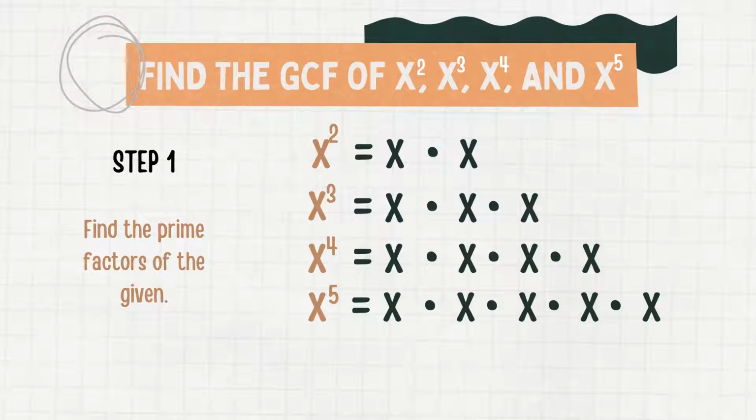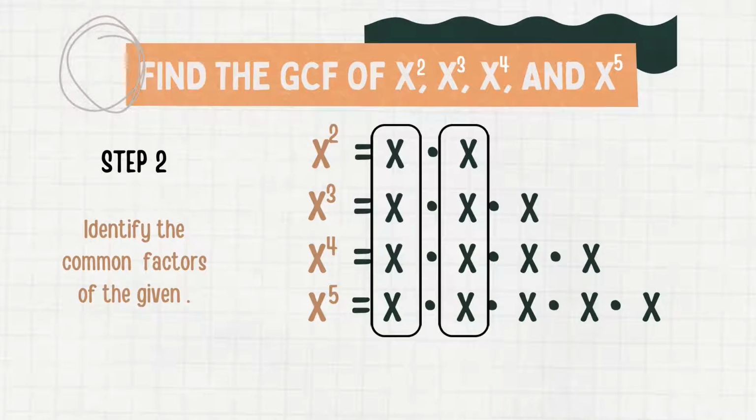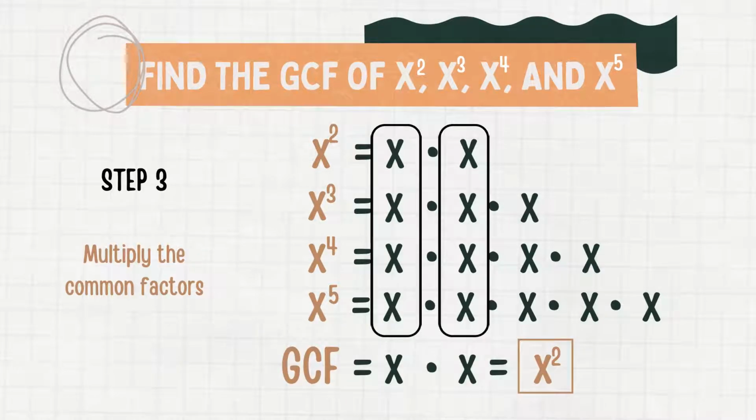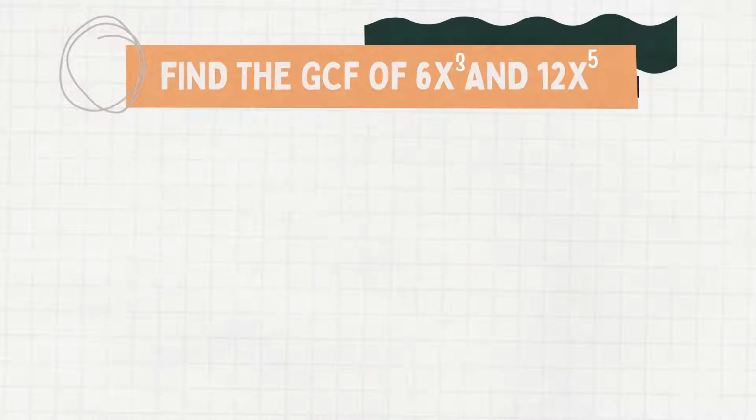It is equivalent to the product of x written 3 times. x raised to 4 is equivalent to the product of x written 4 times. And finally, x raised to 5 is equal to the product of x written 5 times. Now, we identify the common factors of the given. Now, we multiply the common factors, which is x times x, and the resulting product is x squared.